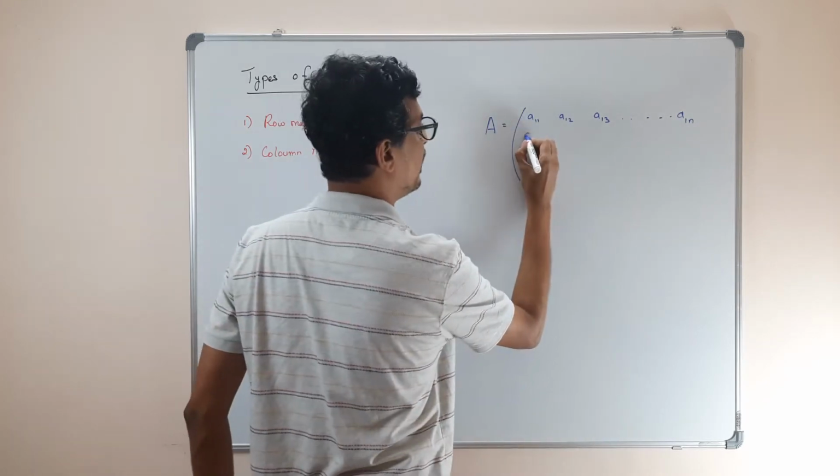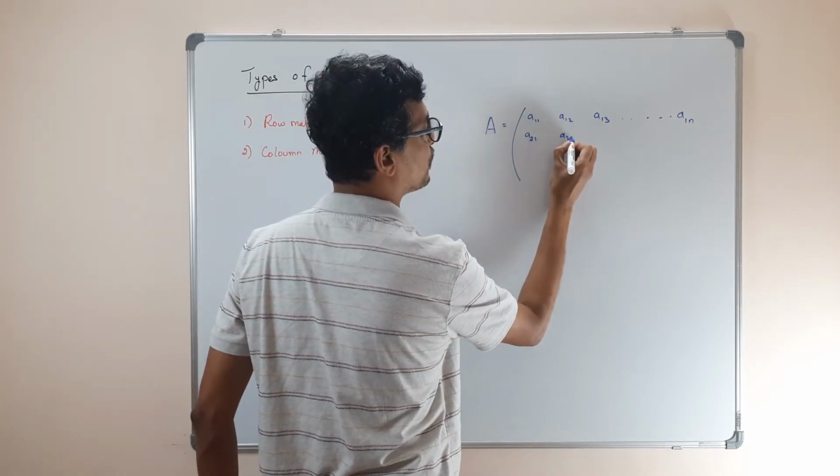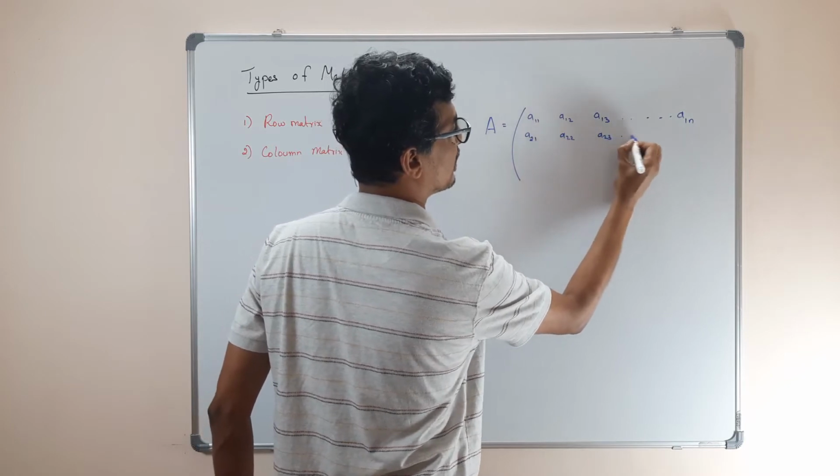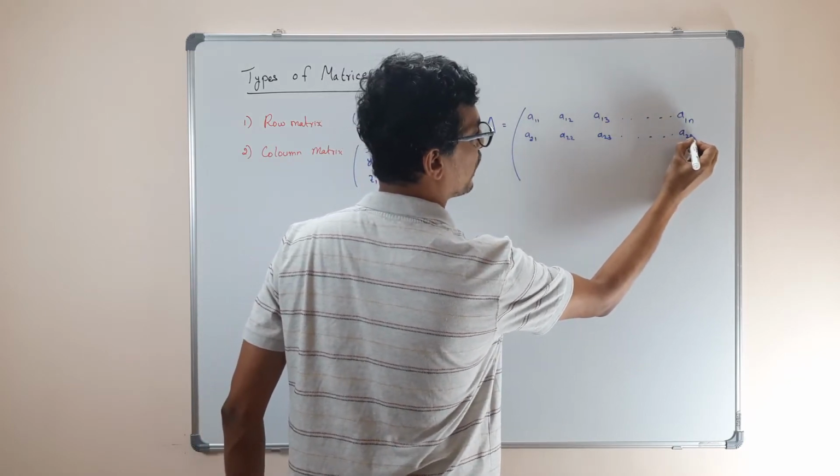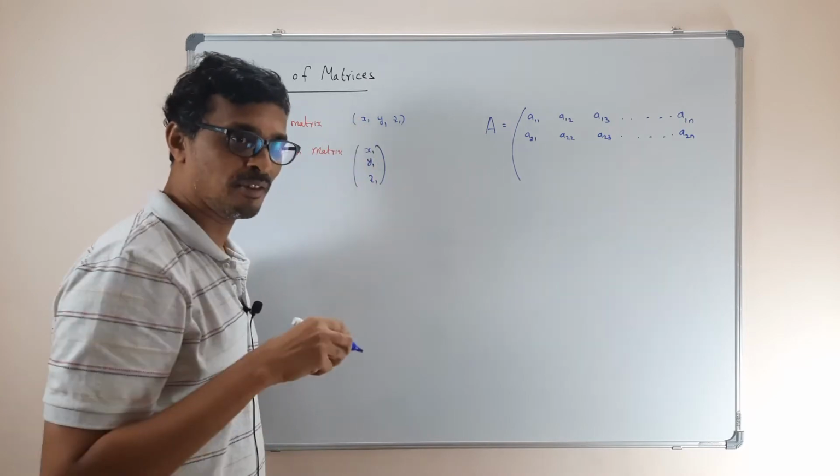The second row will be A21, A22, A23, and it goes up to A2N.